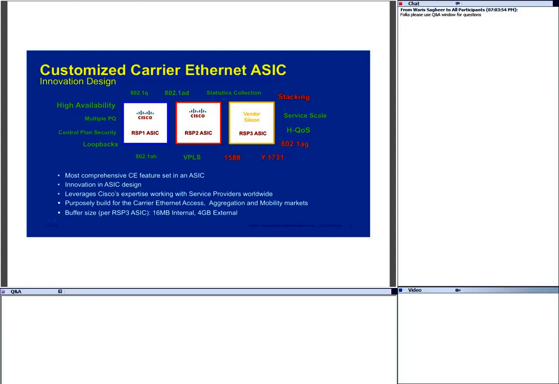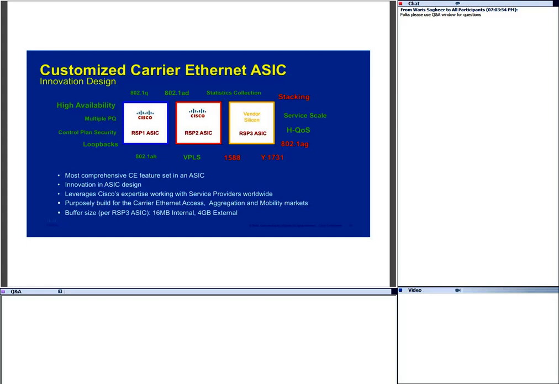So keeping all these things in mind, the carrier Ethernet ASIC packs really good power in terms of performance, and it also packs good convergence features as well, right? So we are able to do BFD at 3.3 milliseconds that helps us design fast converging networks as well.